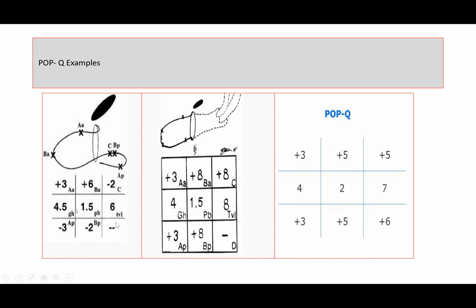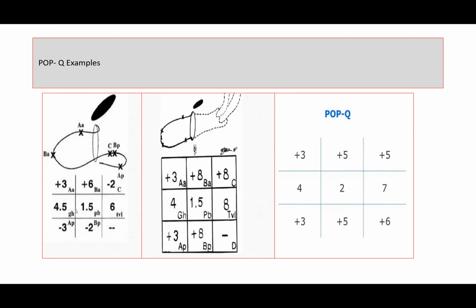All right, and there is no D, it means there is no uterus. All right. So here we are going to take this is the maximum stage 4 prolapse. Okay. And this BP is stage 1 prolapse.